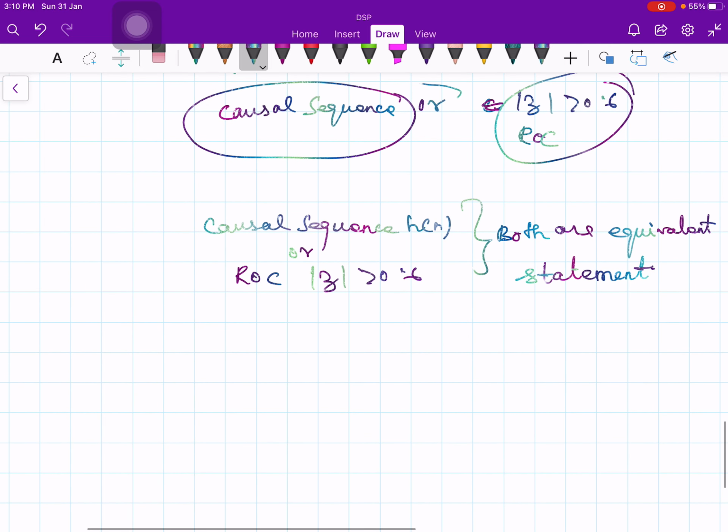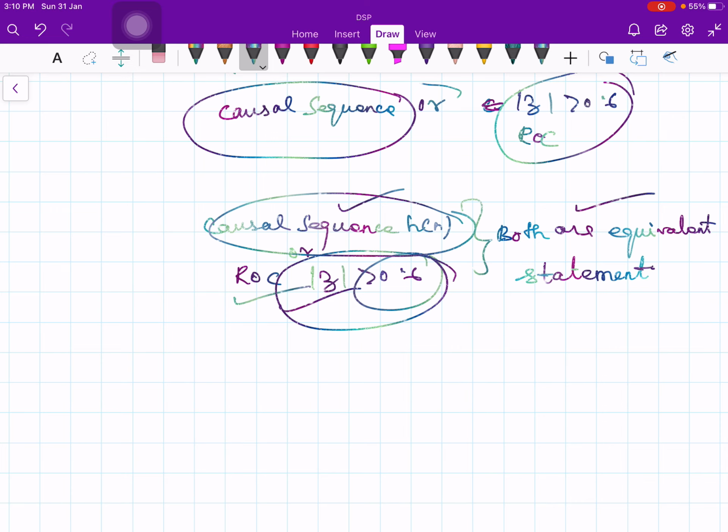So causal sequence and mod of z greater than 0.6 are equivalent. So the ROC outside of a circle of radius 0.6 specifies that the inverse transform will be causal. One of the two must be given. Either the ROC must be given like this or like this.